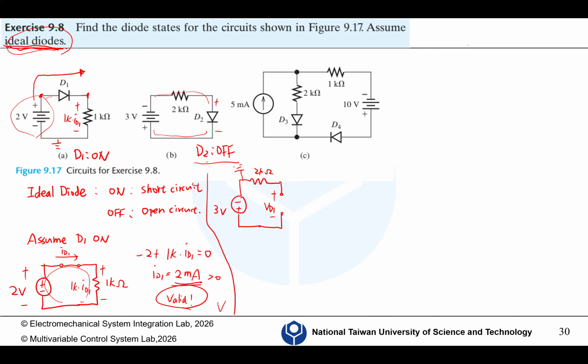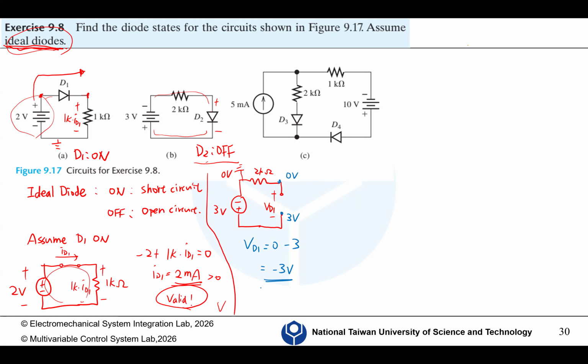We always assume we connect the negative terminal of the voltage source to the ground, 0 volts. Because there's no current flowing into this diode, this is 0 volts here, and here is 3 volts. So VD1 equals 0 minus 3 equals minus 3 volts.